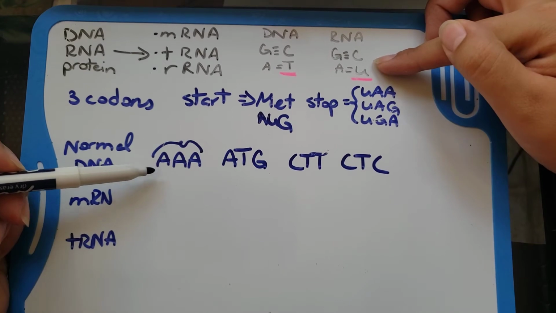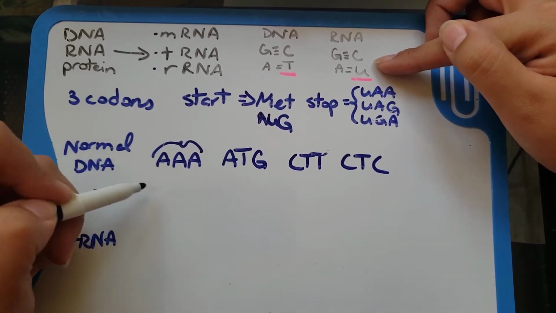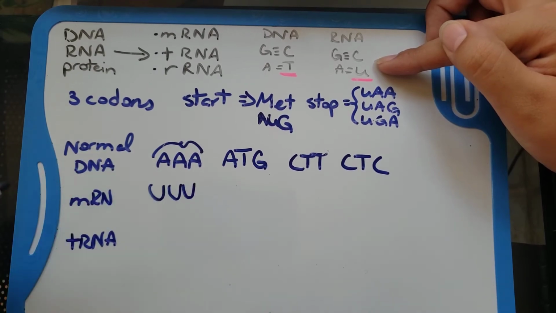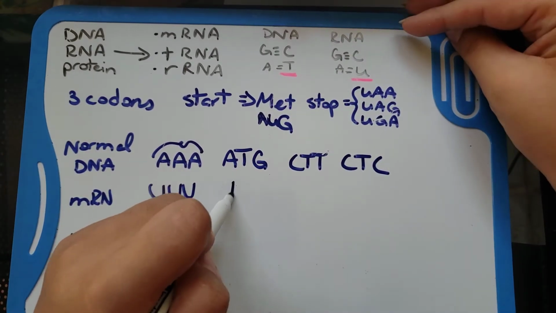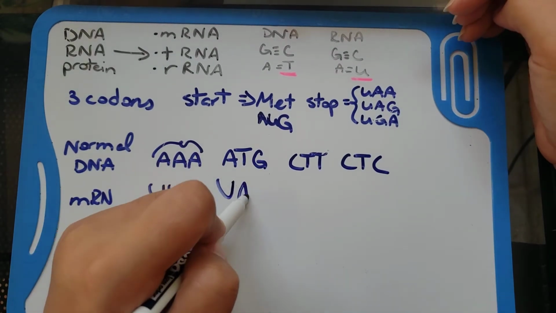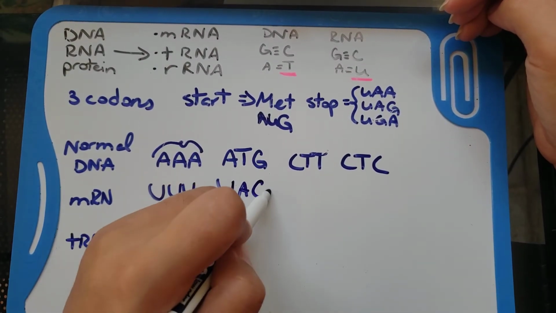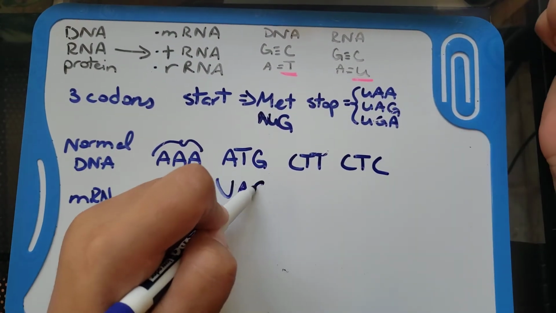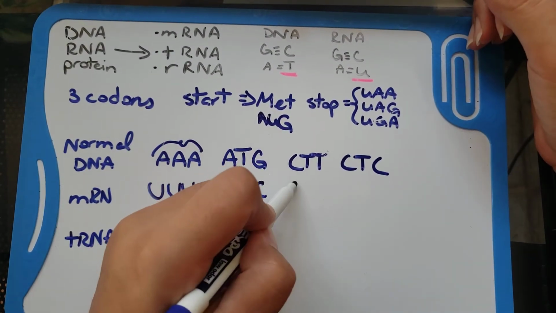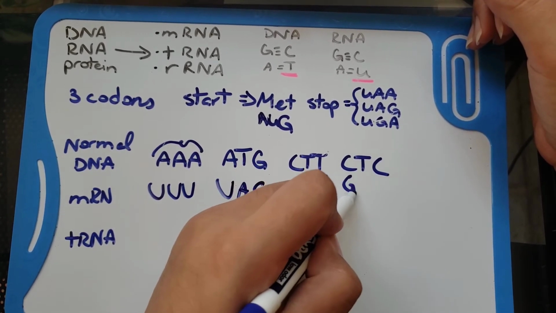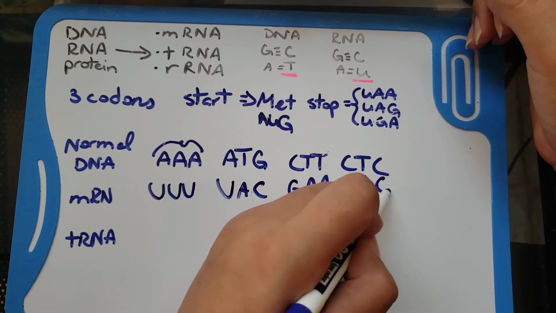So when you have an adenine, it's always going to go with a uracil. So you will have 3 U's here. You also have a U here. When you have a T, it connects with an A. For the guanine, it is a cytosine. For the cytosine, it is a guanine. For the 2 thymine, A, G, A, G.